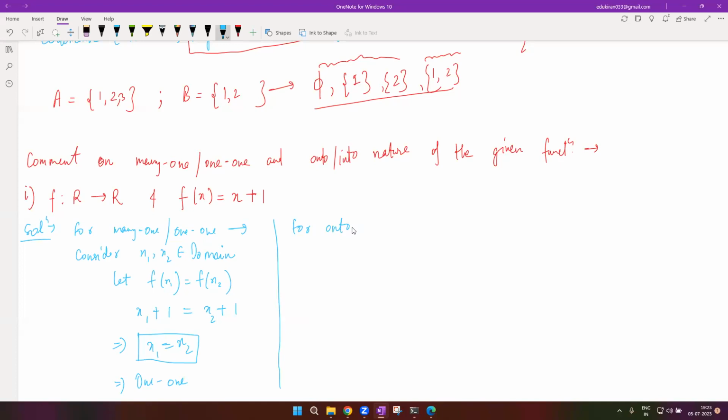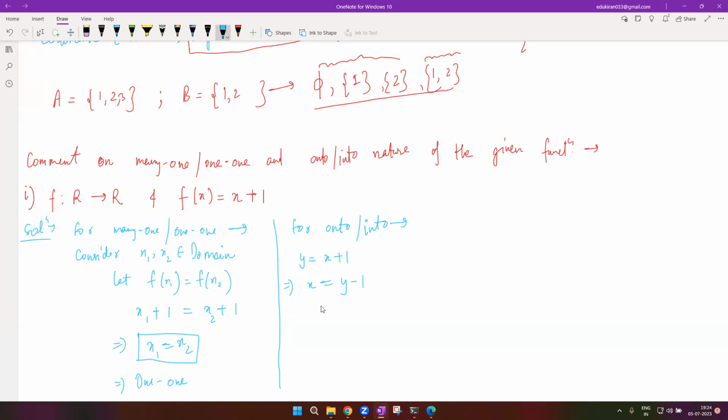Now, if I come to the second part, for into, onto, what I would do is replace f(x) with y first, and then find out x in terms of y. So x in terms of y is x equals y minus 1, right? Now I will find out the domain of this function. There are two conditions involved with the domain.